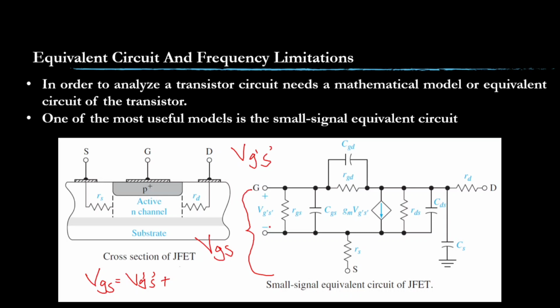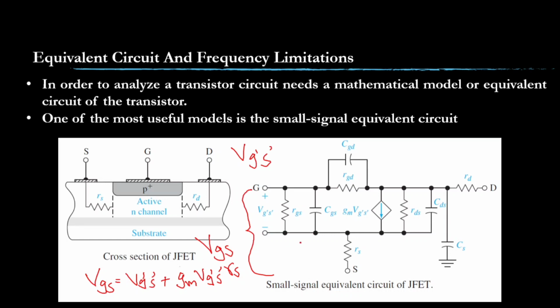Then this is only VG dash S dash. So VGS is equal to VG dash S dash plus Gm VG dash S dash into RS. How do I take this? The voltage drop across this resistance plus the voltage drop across this resistance will be my total VGS. The drop across this resistance is already given, VG dash S dash.